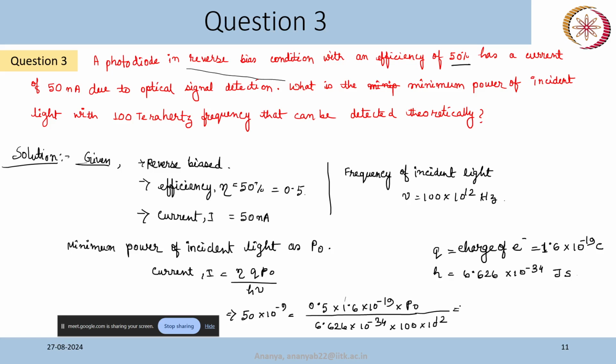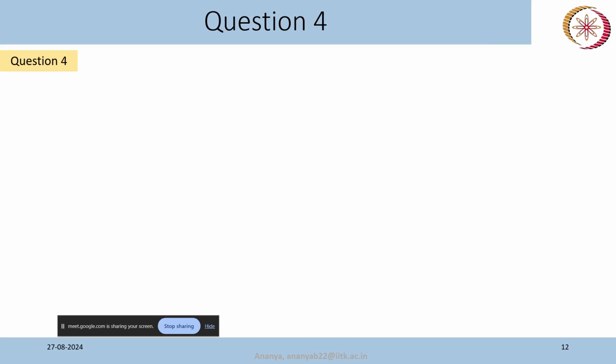You can check if I have made any calculation mistake. So this is equal to 41.4 nanowatt. I'll go to the next question.